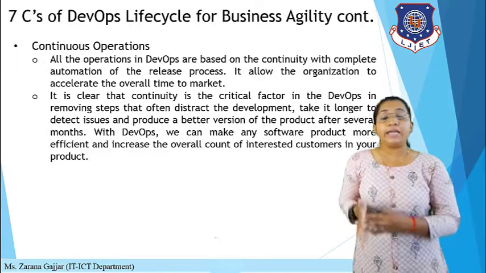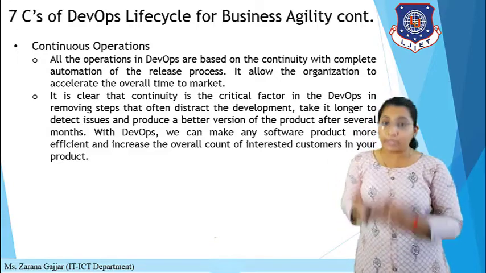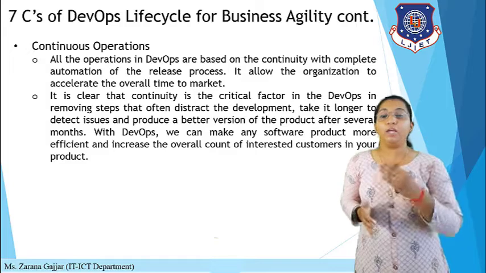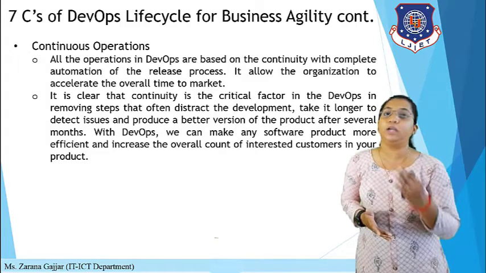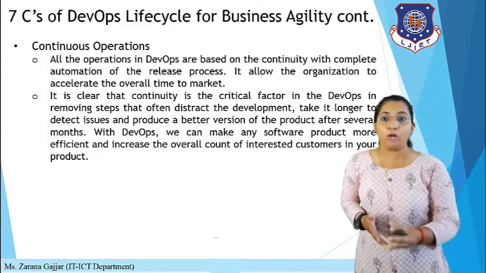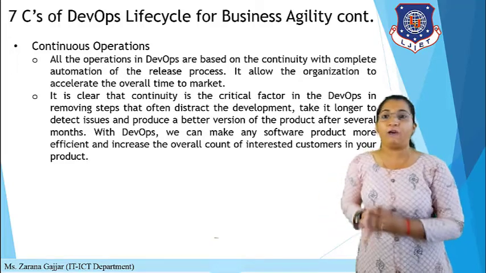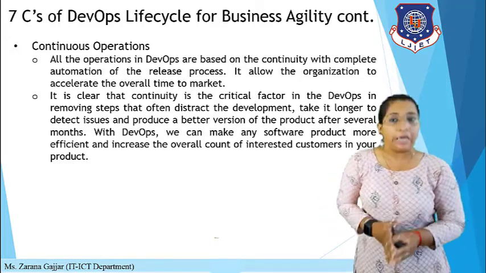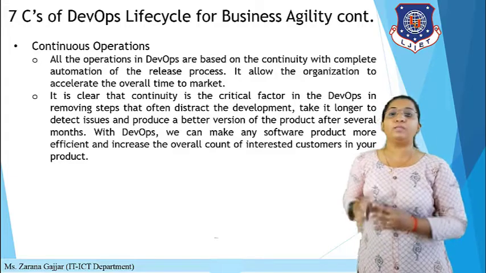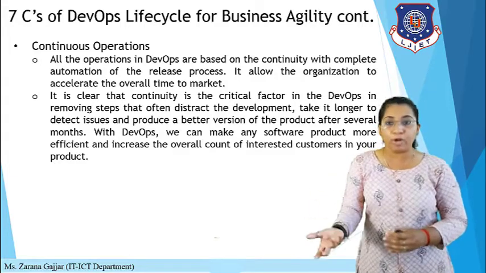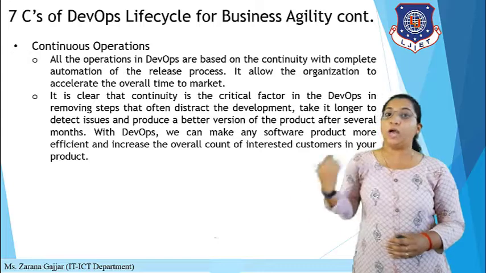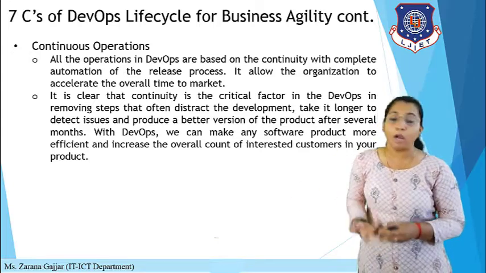Okay, and it is clear that continuity is the critical factor in DevOps in removing steps that often distract the development, take longer to detect issues, and produce a better version of the product only after several months. Okay, so with DevOps we can make any software product more efficient, and increase the overall count of interested customers in your product.